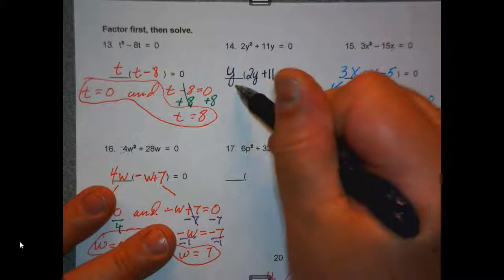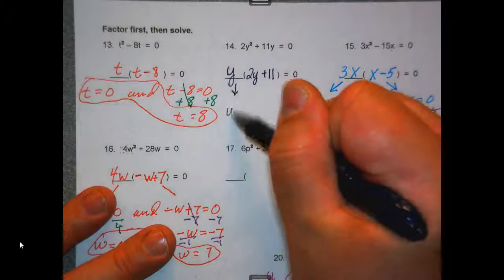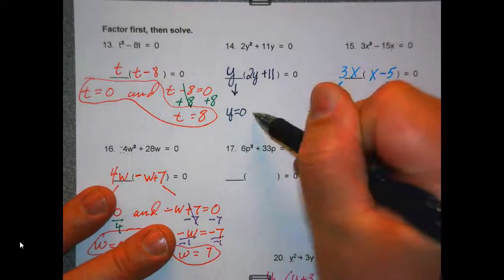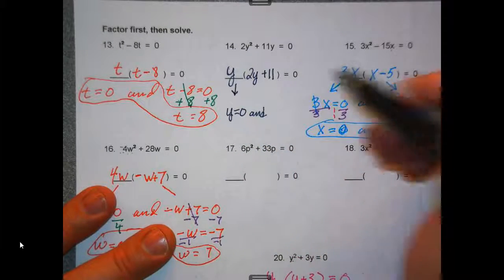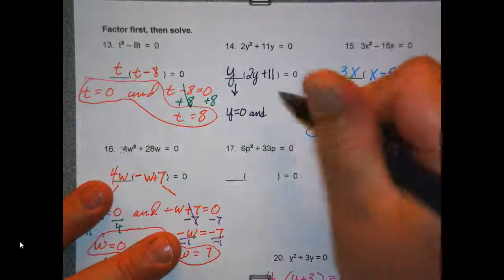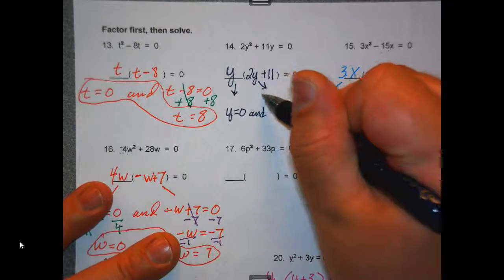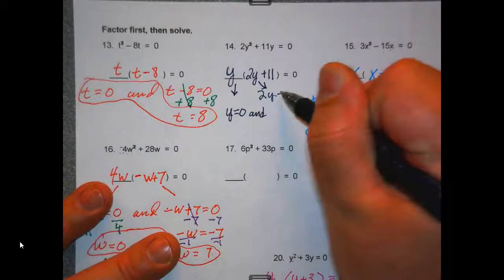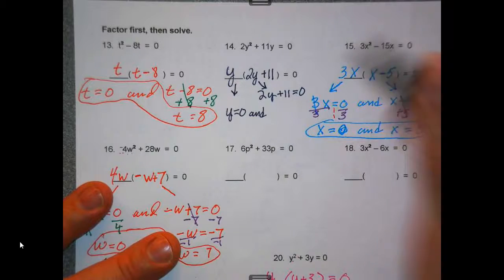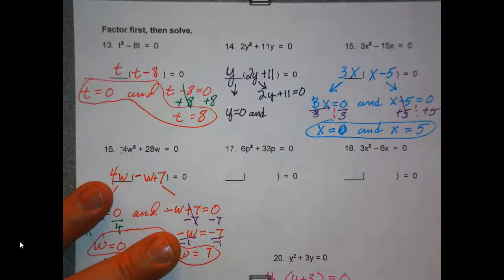So now split them up. y equals 0, so that's already solved. We don't have to do anything with that. I've got some work to do with the 2y plus 11. Yep, we're going to subtract 11.